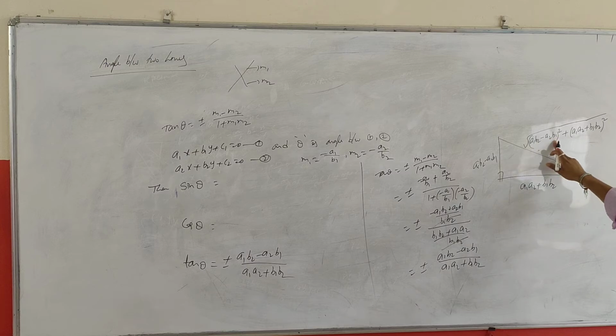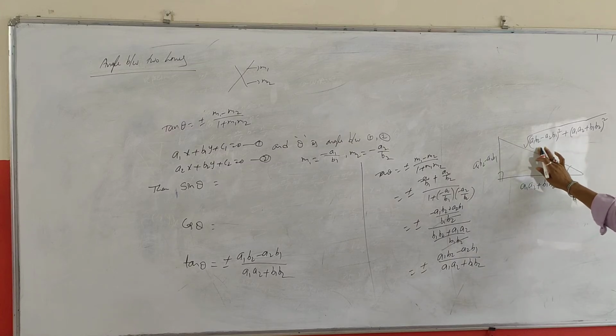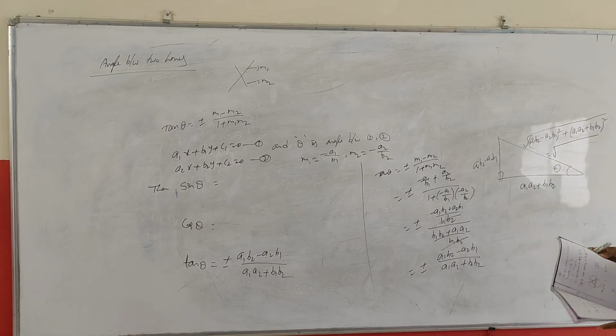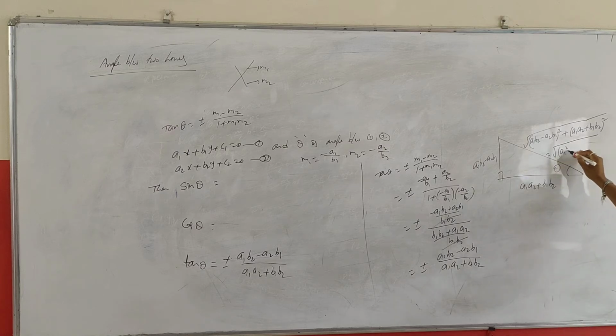(a1 b2 minus a2 b1) whole square plus (a1 a2 plus b1 b2) whole square. If you expand this, you get root over (a1 square plus b1 square)(a2 square plus b2 square).